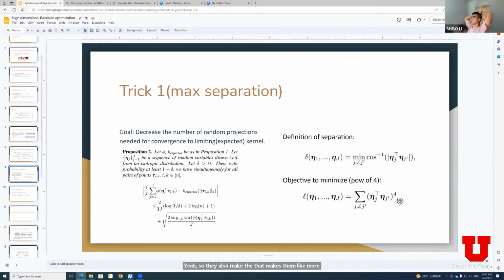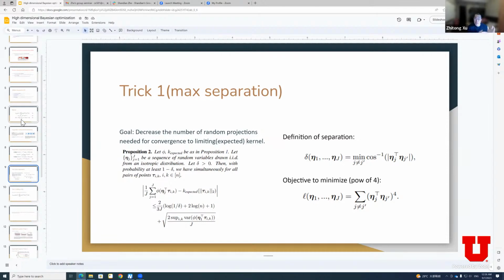So is there any way that, for example, we sample eta1 from a normal distribution, then we can sample eta2 that is orthogonal to eta1? Is it possible? Yeah, but what if you have more projections than the actual dimensions?